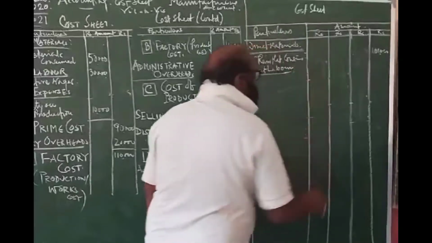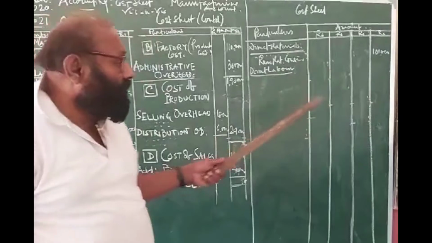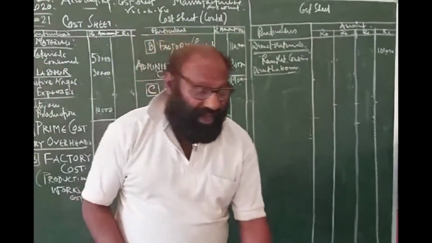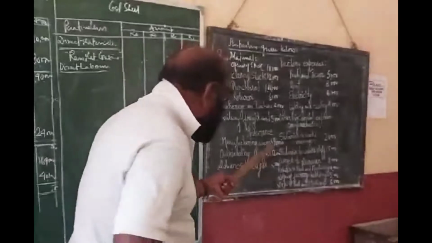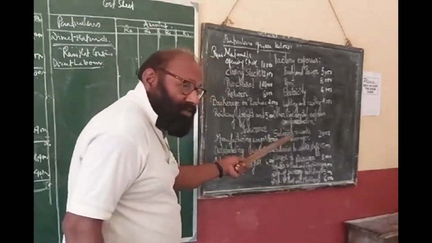Direct labor refers to the labor charges for the purpose of conversion of the material from the raw material to finished goods. And what is that? That is manufacturing wages. Here manufacturing wages is 40,000.